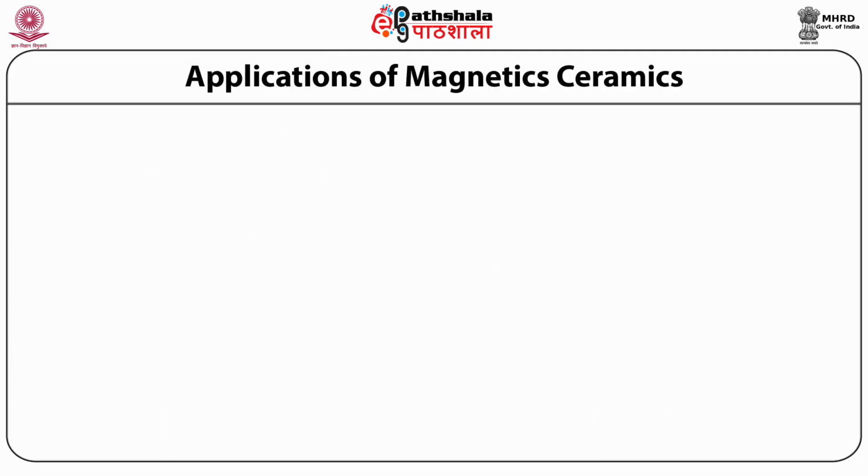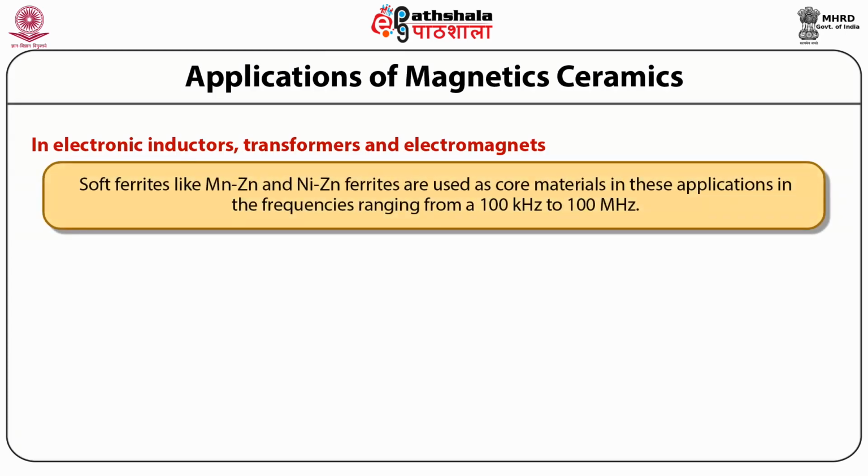Applications of magnetic ceramics. First is in electronic inductors, transformers, and electromagnets. Soft ferrites like manganese zinc and nickel zinc ferrites are used as core materials in these applications in the frequencies ranging from 100 kHz to 100 MHz.